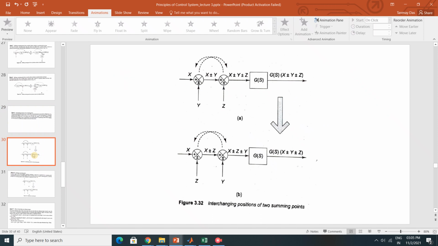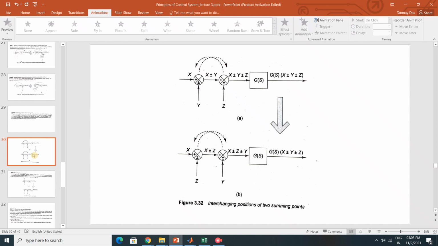Why? Because if you have a complicated block diagram, which has multiple blocks, more than one summation point, multiple summation points, multiple feedbacks, then determining the total overall transfer function of the closed loop system, that is C(s)/R(s), will be a little bit difficult.